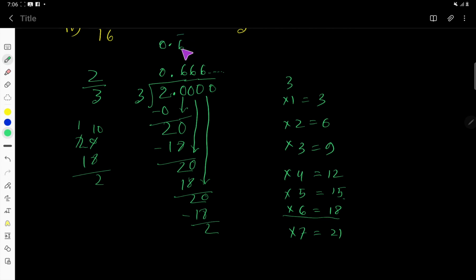This bar means this digit 6 is repeating. Or if you want to round, this is the 10th place and this is the 100th place, so if you want to round to the 100th place, then your answer will be 0.67, right? Or you can write 0.6 bar.